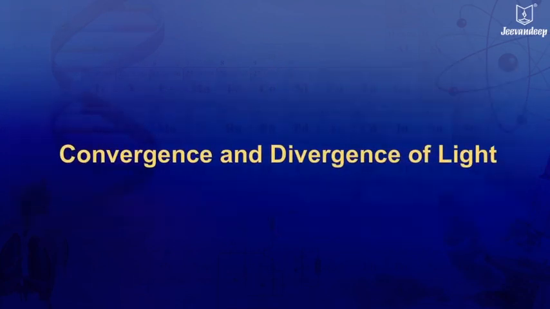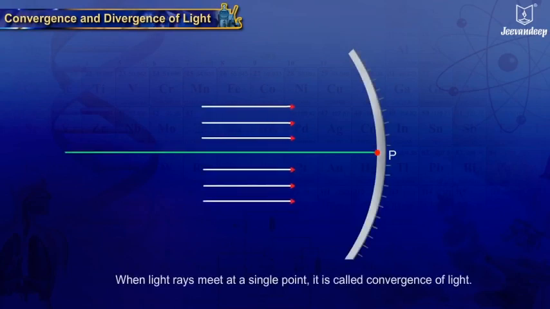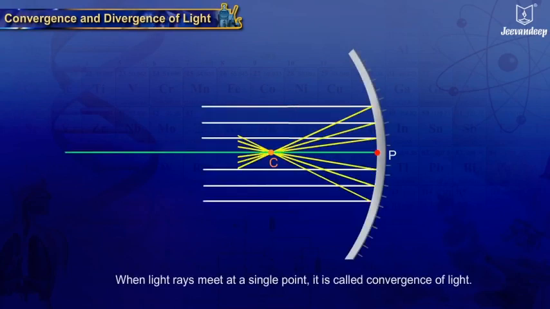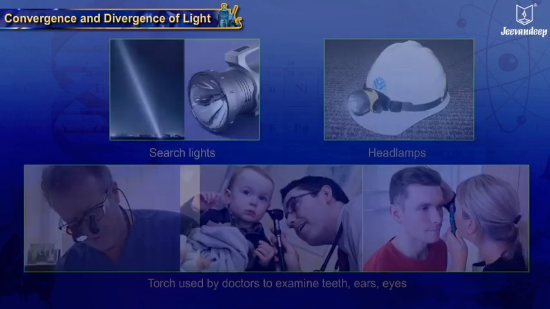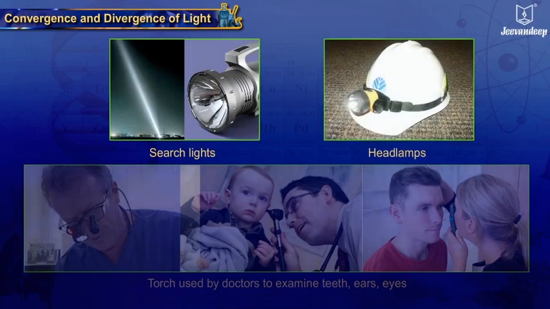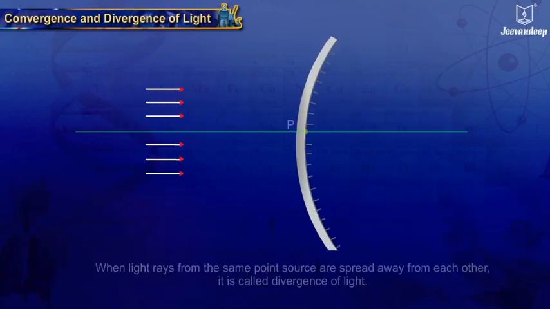Convergence and divergence of light. Convergence of light. When light rays meet at a single point, it is called convergence of light. When we want to concentrate light at a point, a converging beam of light is used. For example, in searchlights, headlamps, torch used by doctors to examine teeth, ears, eyes, etc. Divergence of light.